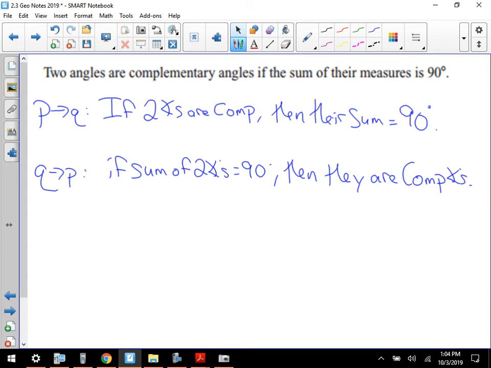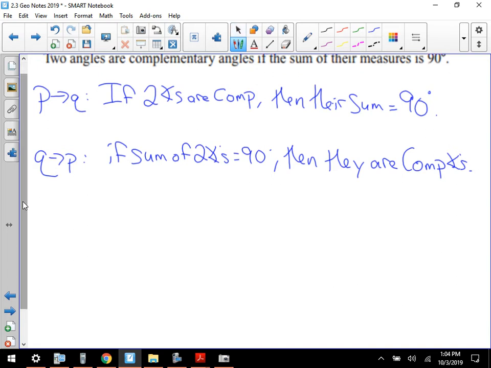If two angles are, if it only is something. Perfect. That's all it is. It is basically what we started with. Two angles, so biconditional.